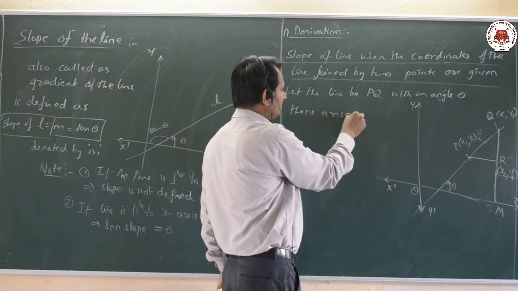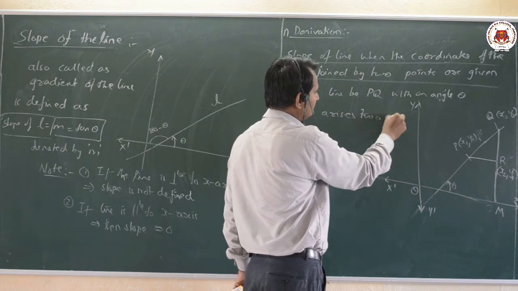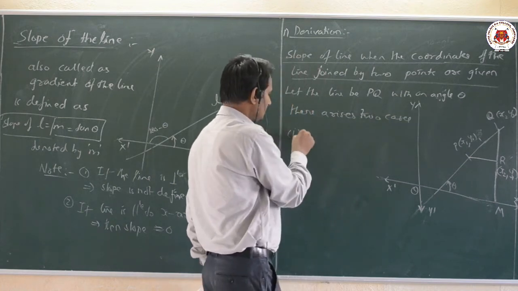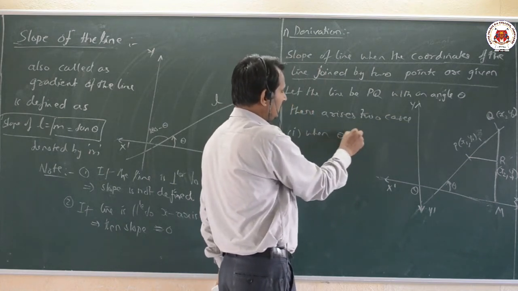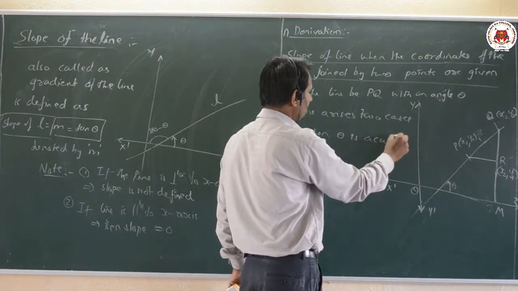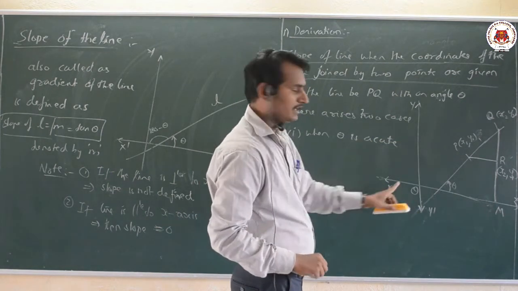So here there arise two cases. Case 1 is when theta is acute, and this particular graph is related to it.